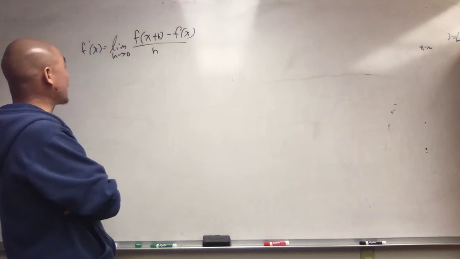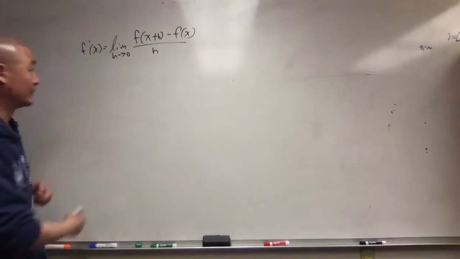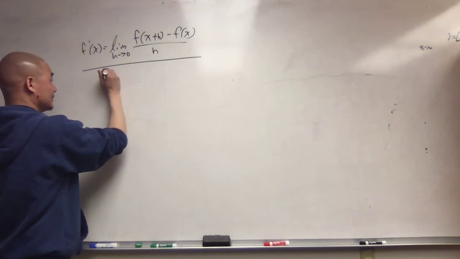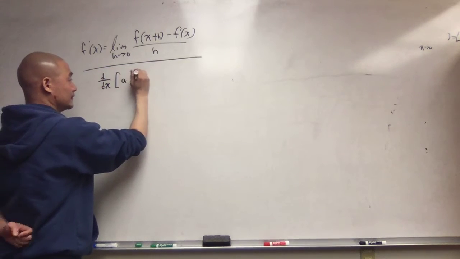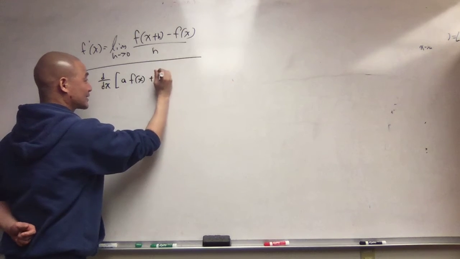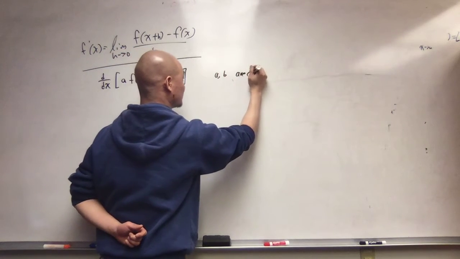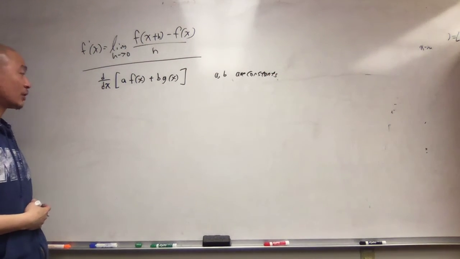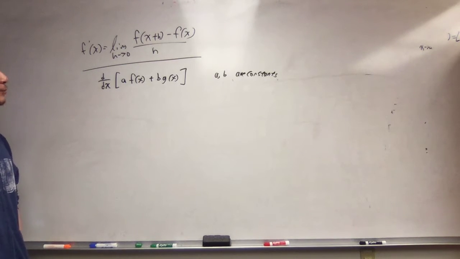So f prime of x is this thing, but we want to find maybe some general rules of how derivatives behave. So first of all, if I take the derivative of a of f of x plus b of g of x, where a and b are constants, it turns out that this thing behaves pretty much exactly the way you hope it would behave.